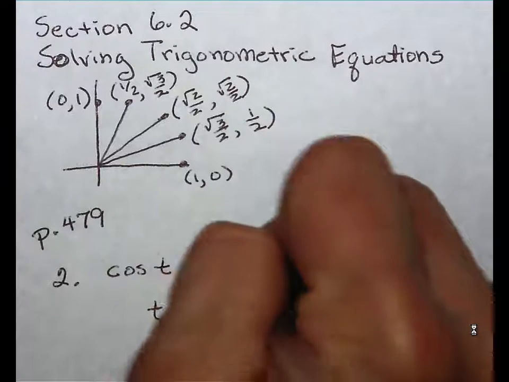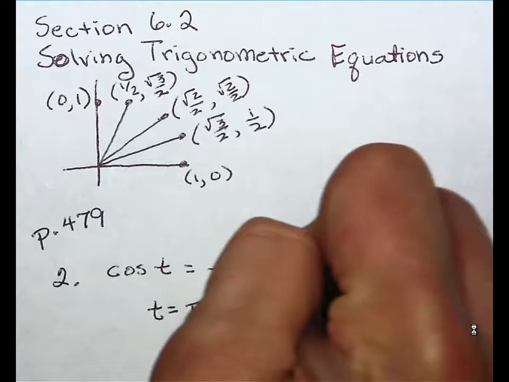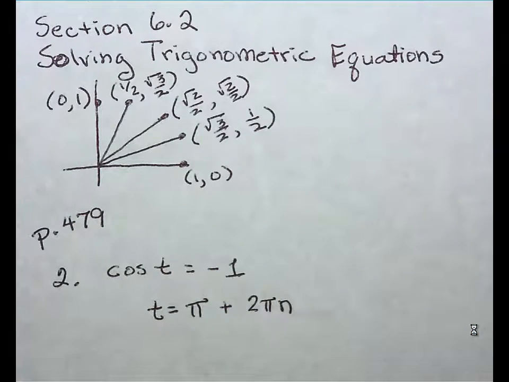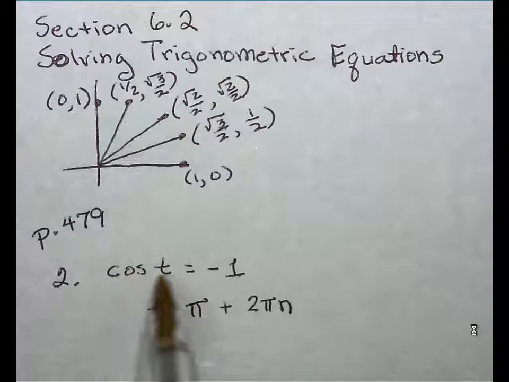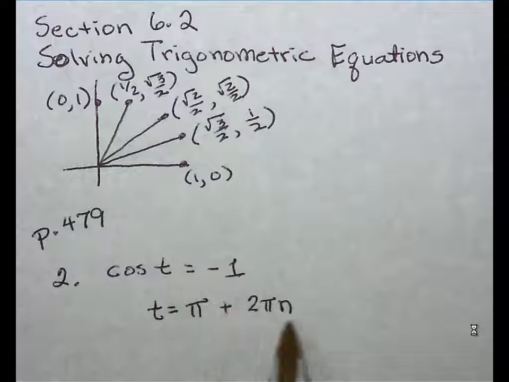So I'm going to use the letter n to stand for an integer. And if n is the number of revolutions we're making, then when n is 0, t is just pi radians. At pi radians, cosine is negative 1. Then if n is 1, we would have 3 pi radians.